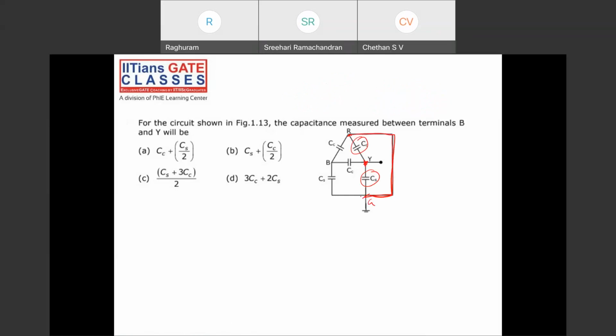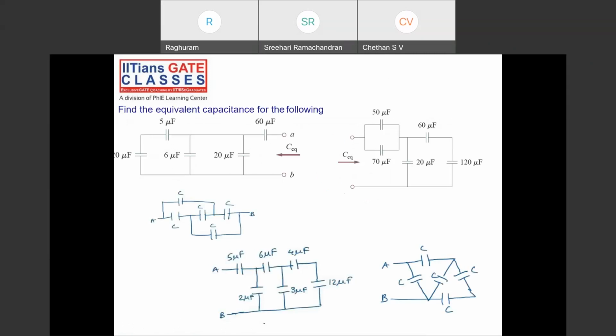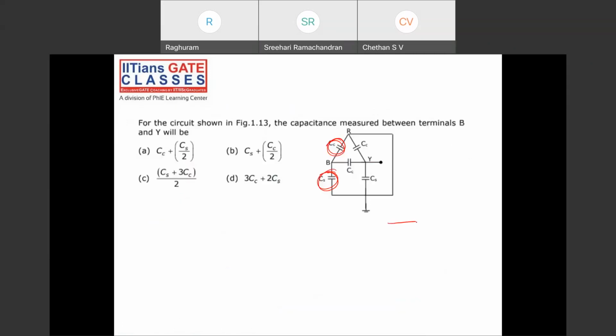Are you able to see it? Similarly, this one and this one. See, I'm redrawing it. You can redraw it like this. CC. This is terminal B and this is terminal Y. This is the ground.